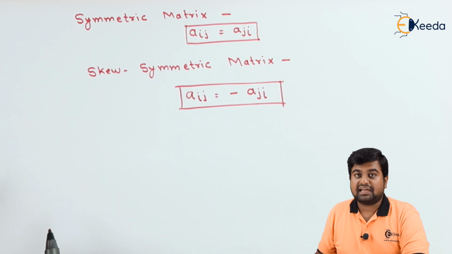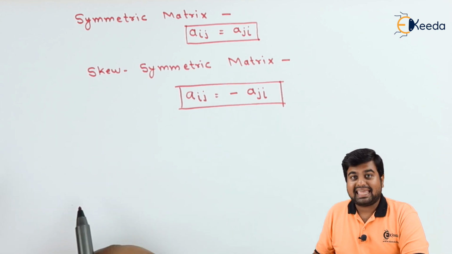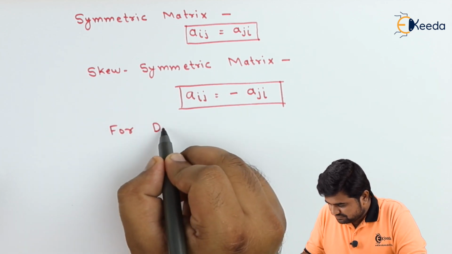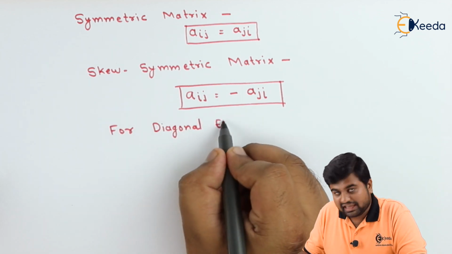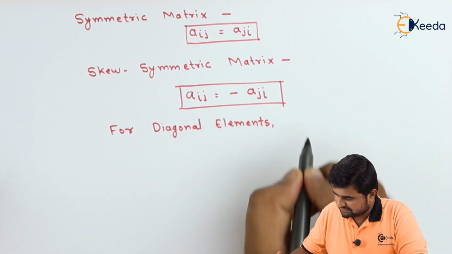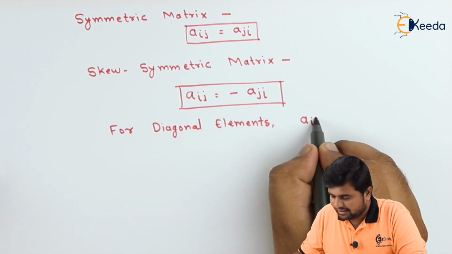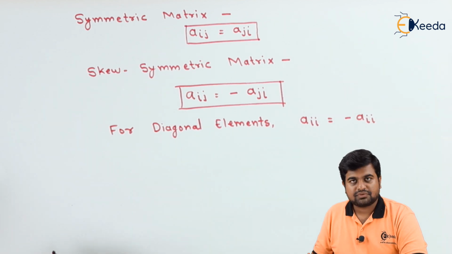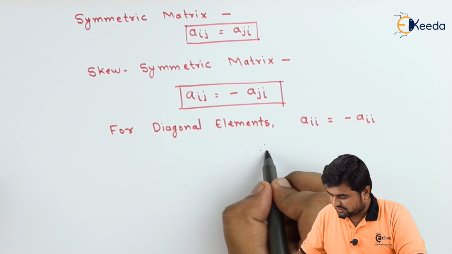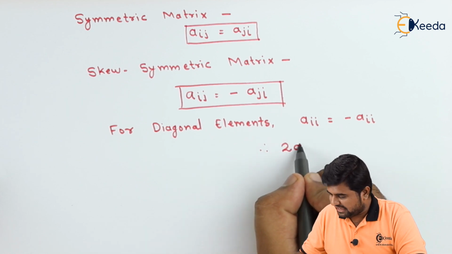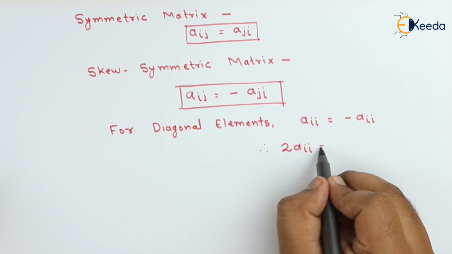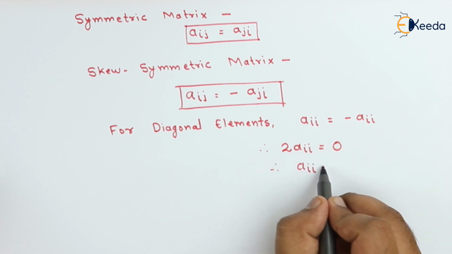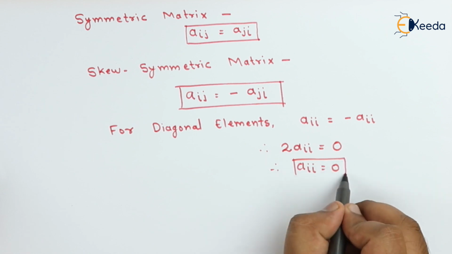If we talk about the diagonal elements, they are going to be Aii. For diagonal elements, Aii is going to be minus Aii. So if I add this on the right hand side, 2Aii is going to be 0. Therefore Aii is going to be 0.